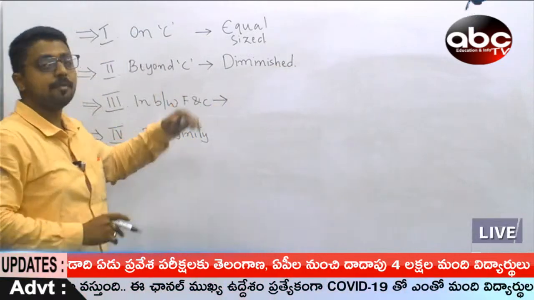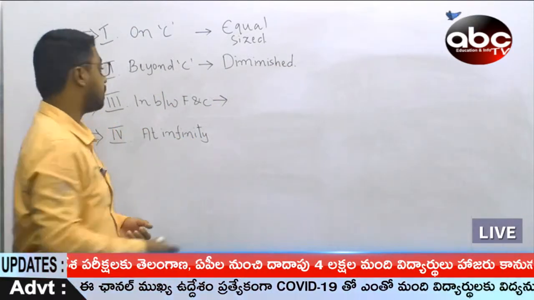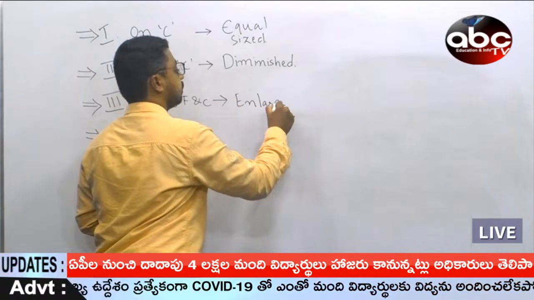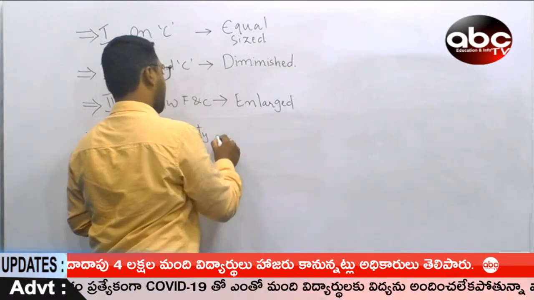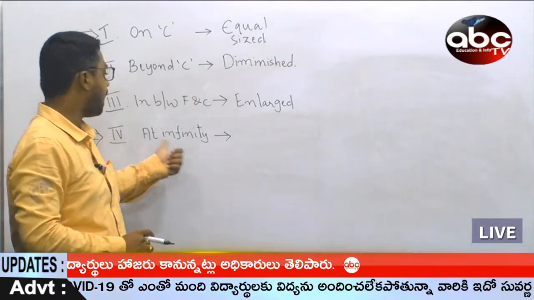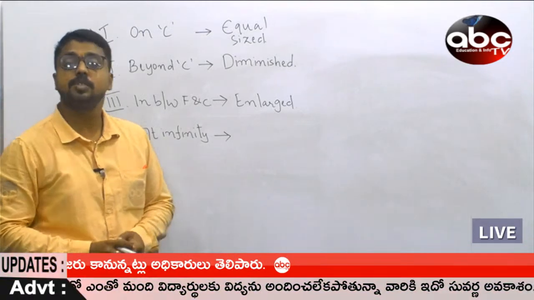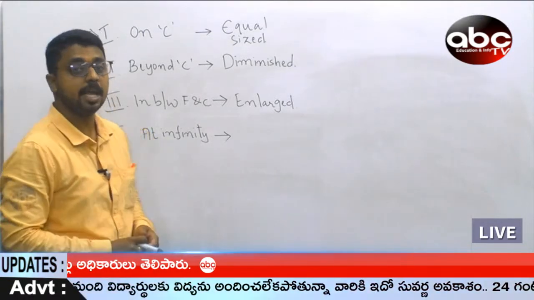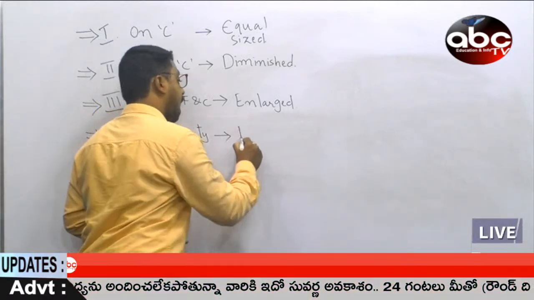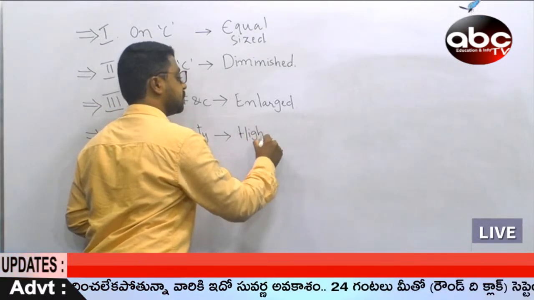In between F and C, we got an enlarged image. And in the final case, at infinity, we obtained a very, very highly diminished image.